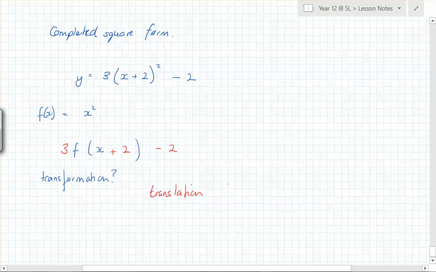By a vector. So what would the translation vector be? Minus 2, minus 2.